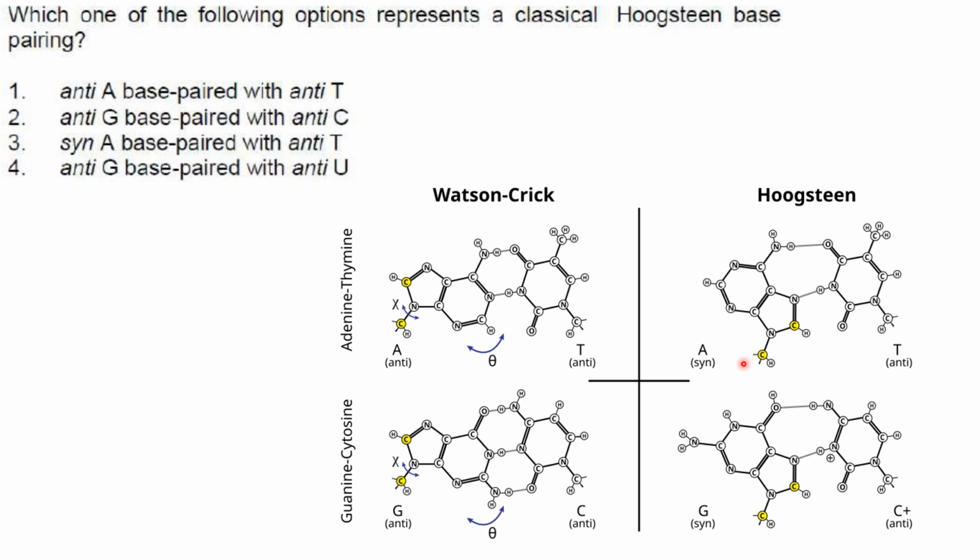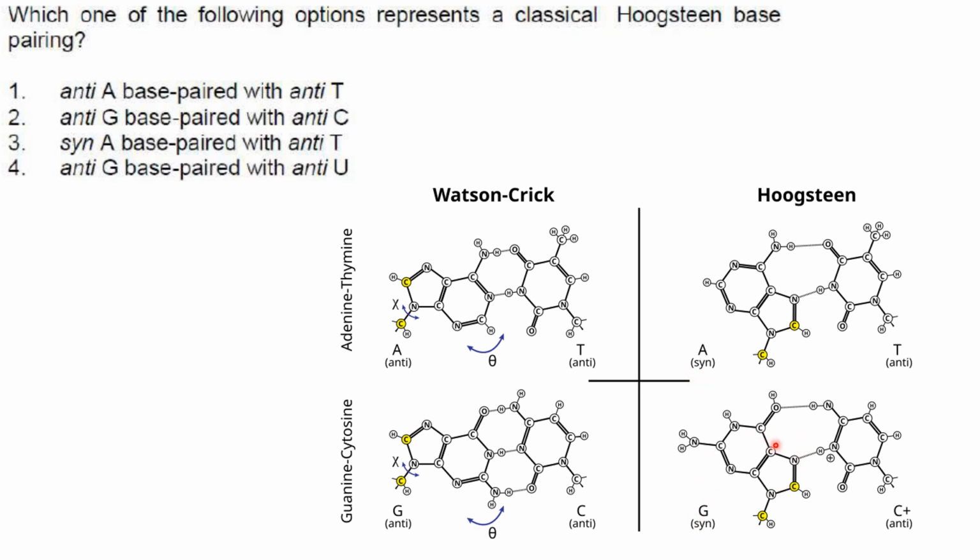Now if this A base pairs with anti-T, that is when the base A's different atoms are involved in base pairing with anti-T, then A is in syn conformation and T remains the same, anti-T, just like the Watson-Crick model. So this is called Hoogsteen base pairing.